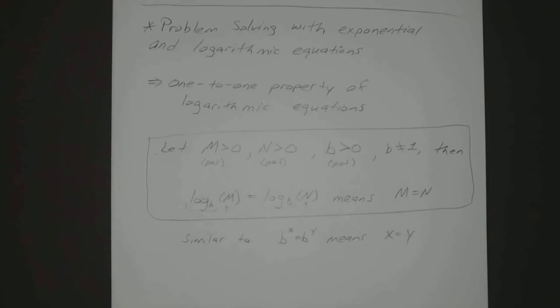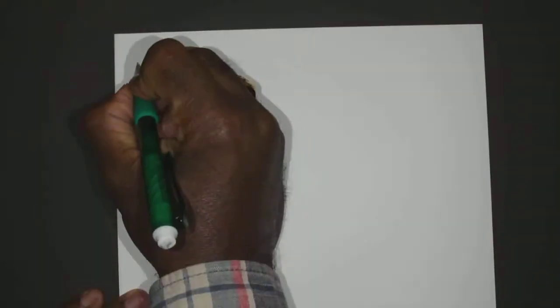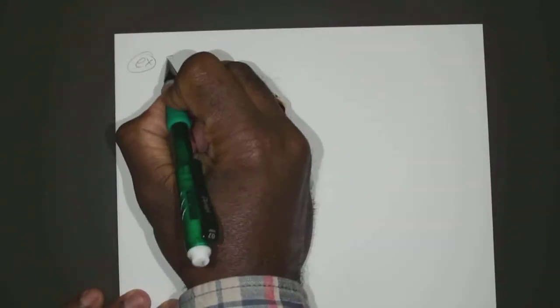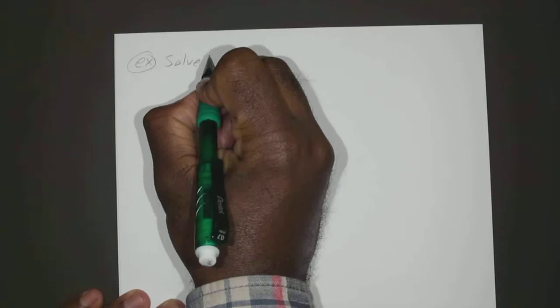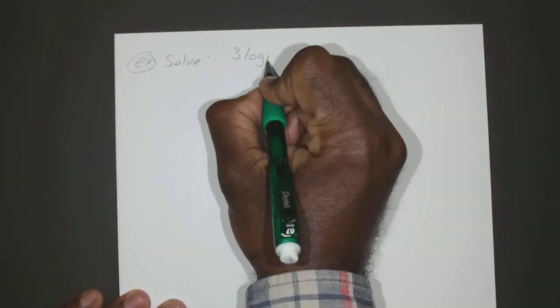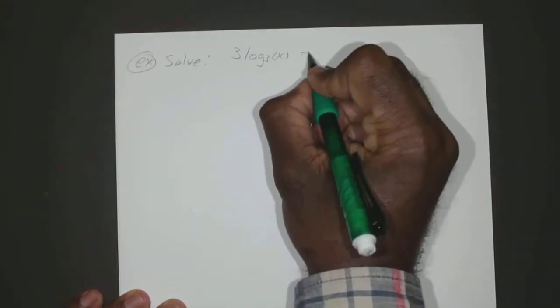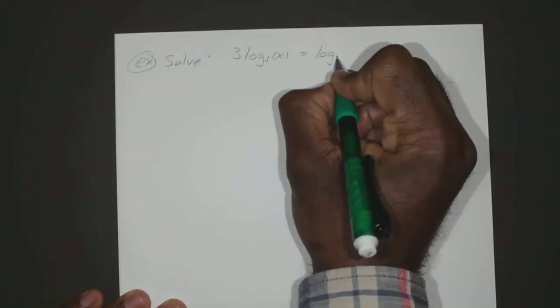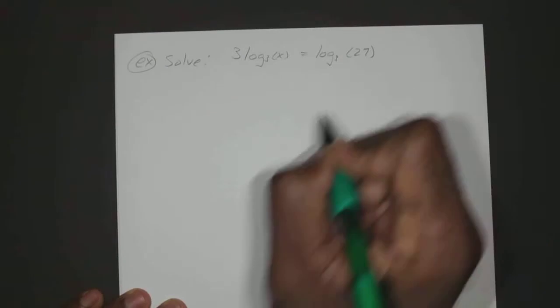All right, so for our first example, let's say we wanted to solve 3 times log base 3 of x equals log base 3 of 27.